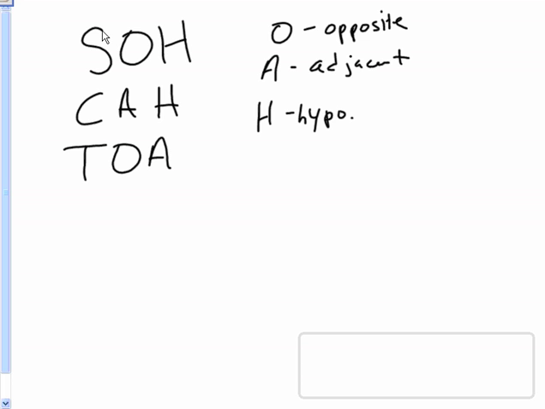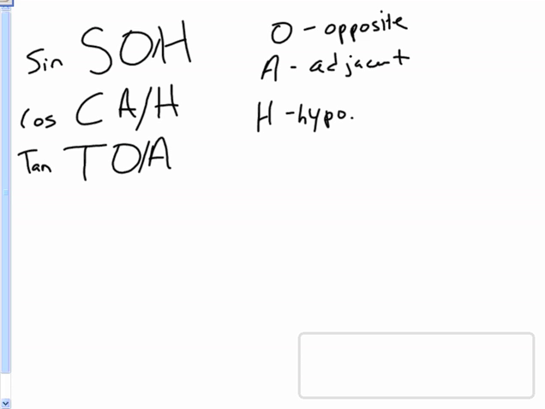Okay? Make sense? So when you see OH, that means opposite divided by hypotenuse. There really should be a divide sign here each time, but you'll just get used to knowing that there's a divide sign there. S stands for sine, C stands for cosine, and T stands for tangent.